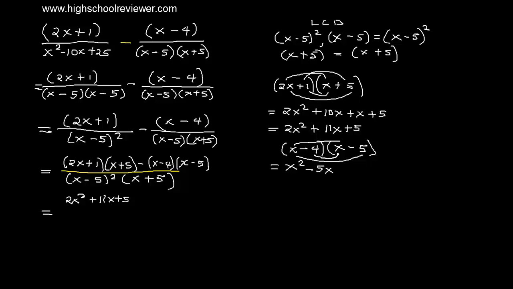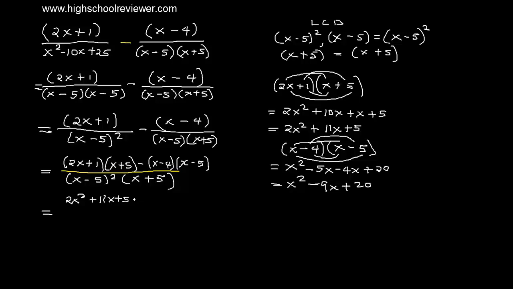And negative 4 multiplied by x, negative 4x. And negative 4 multiplied by negative 5, positive 20. And this will now be x squared, negative 5 minus 4x, this will give us negative 9x plus 20.